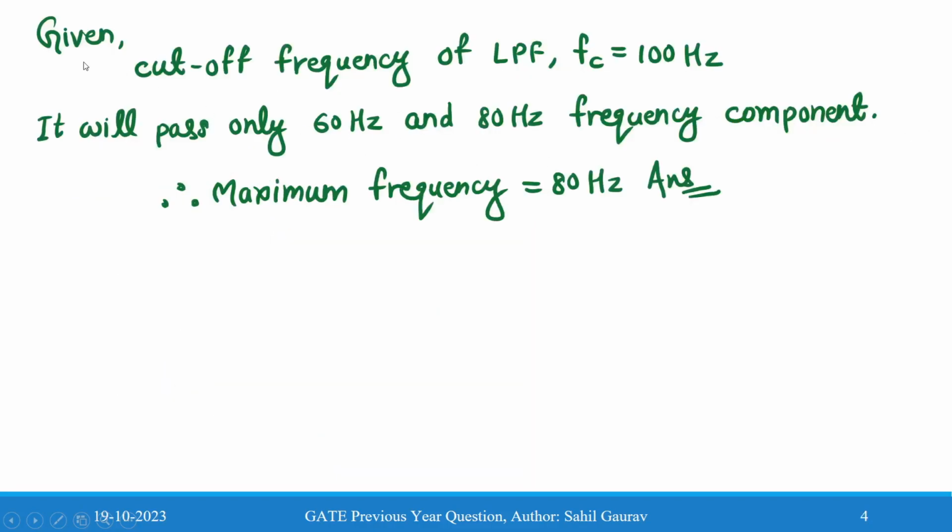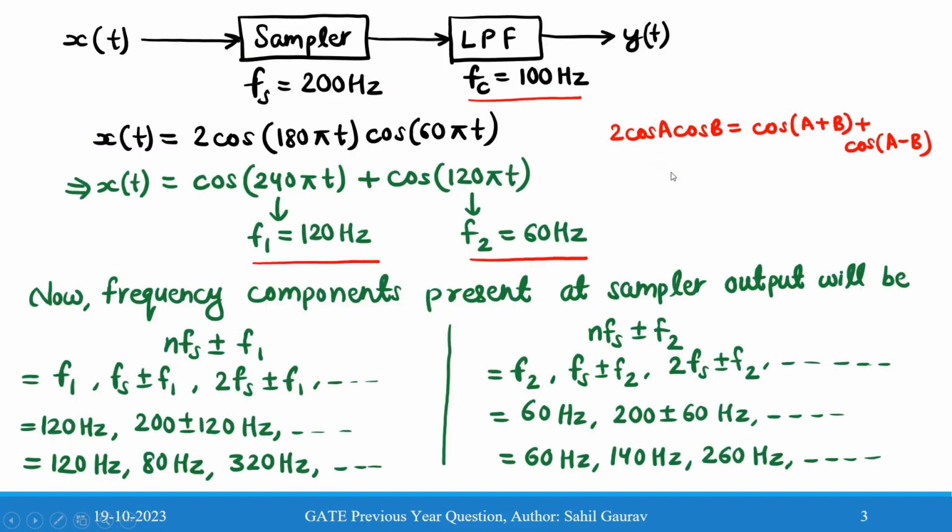Now the cutoff frequency of the low pass filter is 100 Hz, so it will pass only the 60 Hz and 80 Hz components. The 120 Hz component will not pass through the filter, the others will not pass either, while 80 Hz and 60 Hz will get passed.